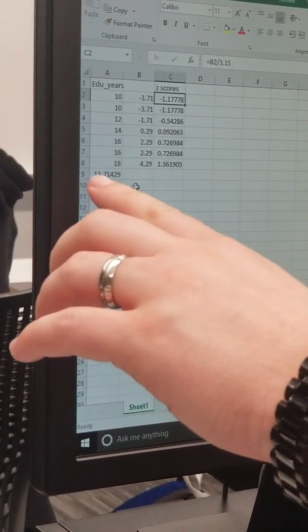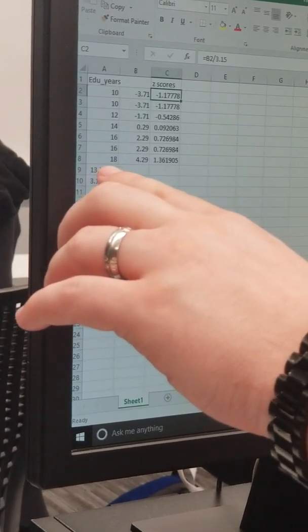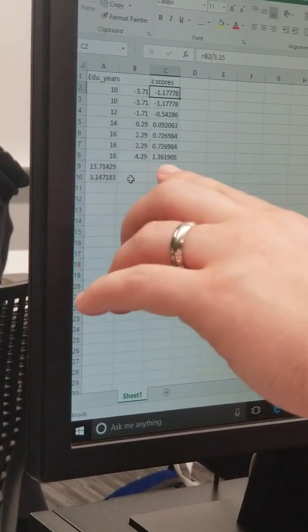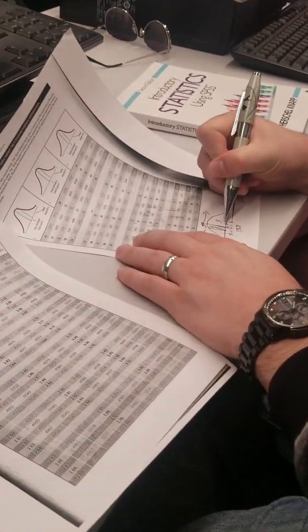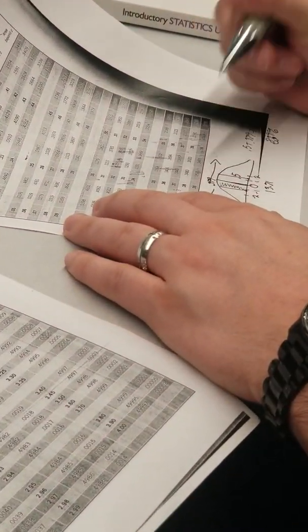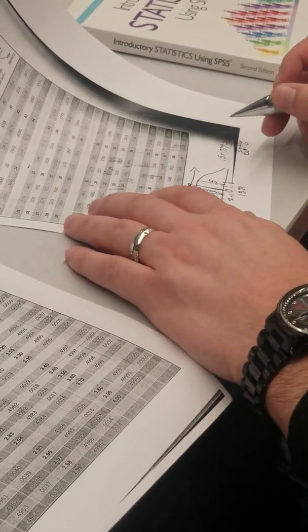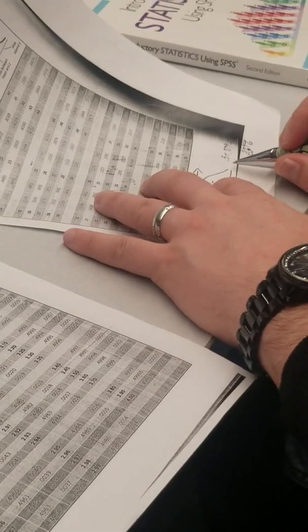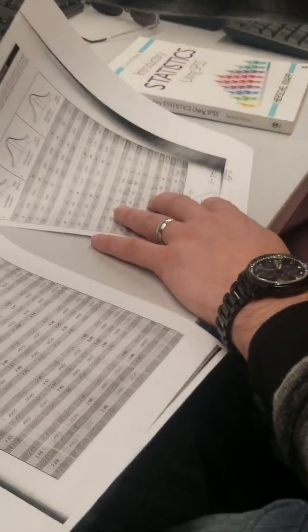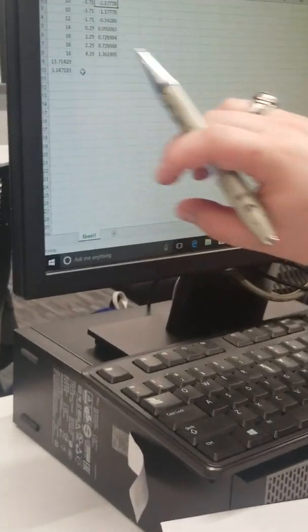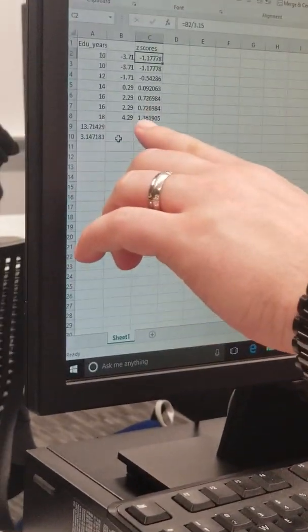If 13 is our average, that's why 18 is positive. So that's 1.36. That would be here. And then if I wanted to know how much of the population had an education above someone that has 18 years of education, we would go and find 1.36.